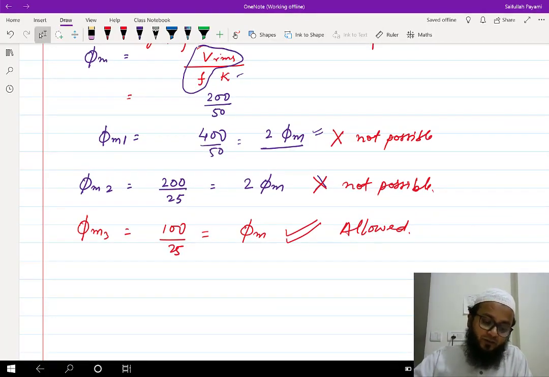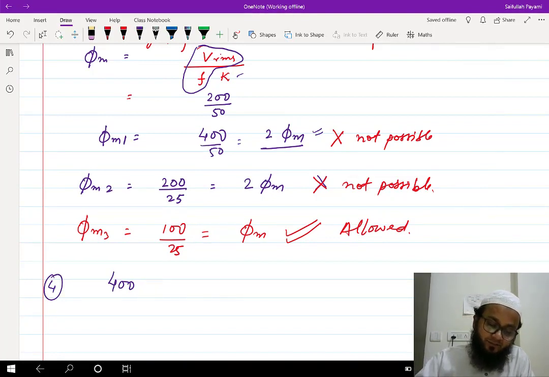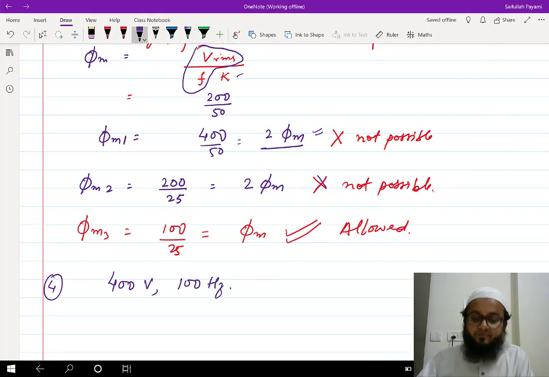Now I'm putting a fourth condition: 400 volt, 100 hertz. Again the ratio remains the same, right?